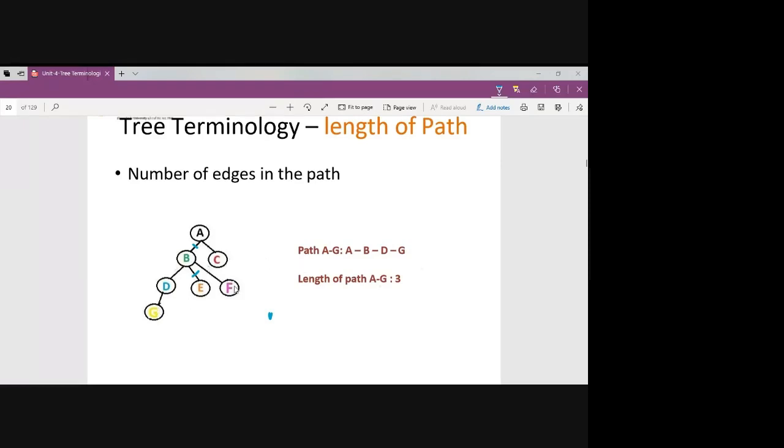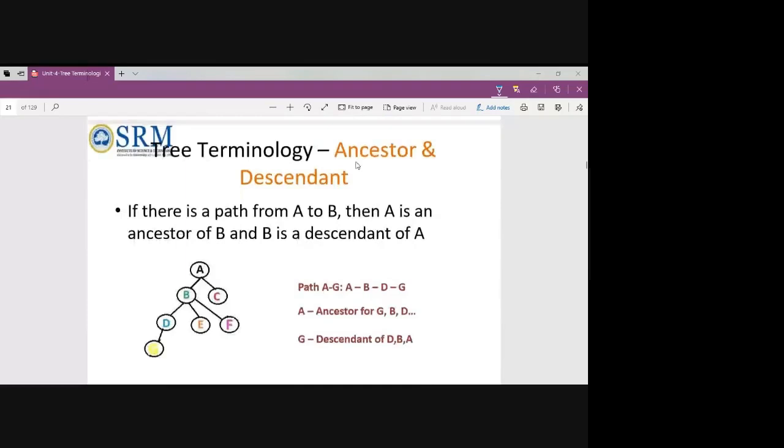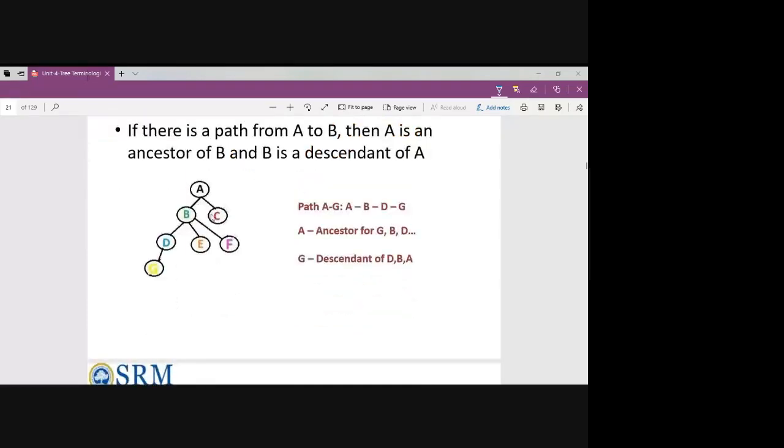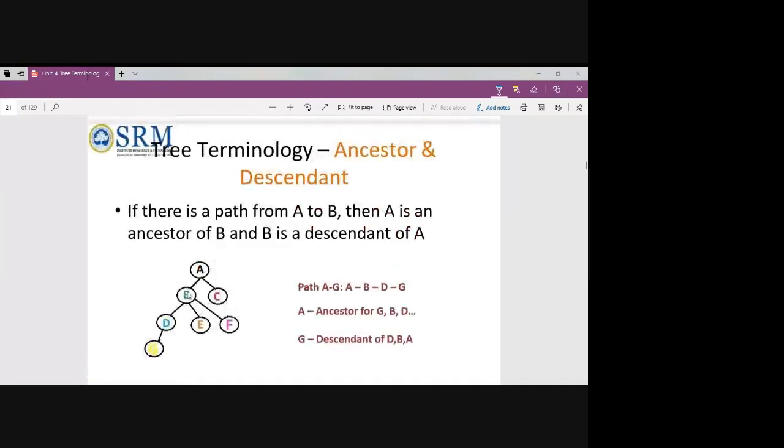This is the path. Now coming to the ancestor and descendant. All the parents or the grandparents will be the ancestors, and the child, or all of its children, will be the descendants.